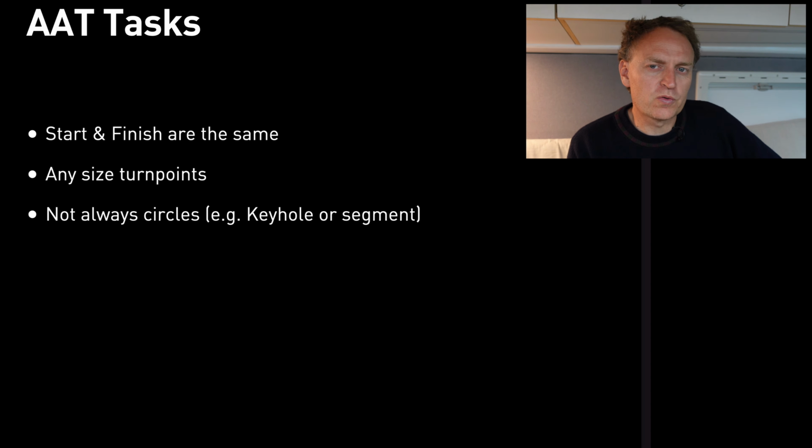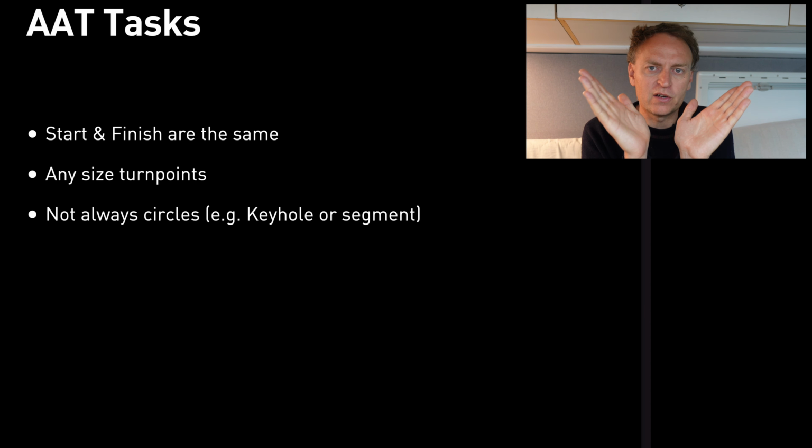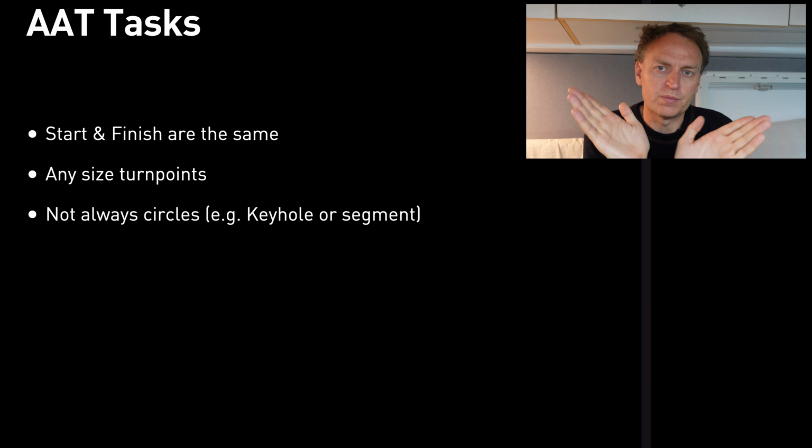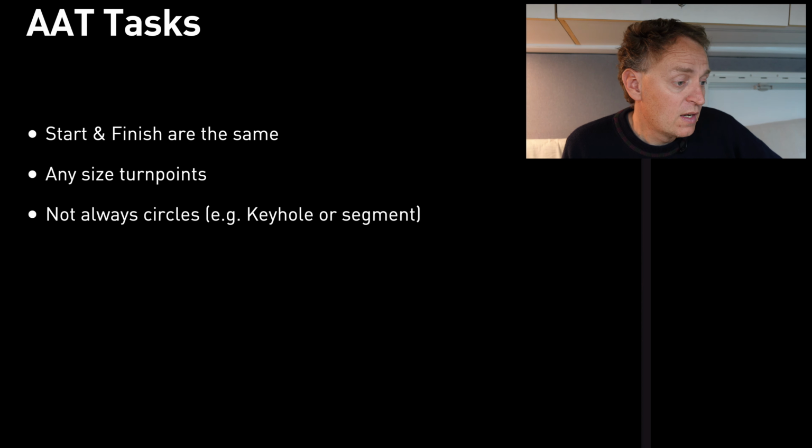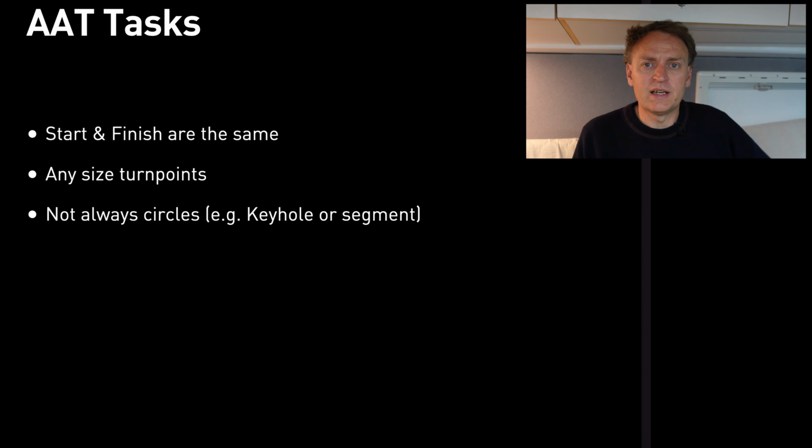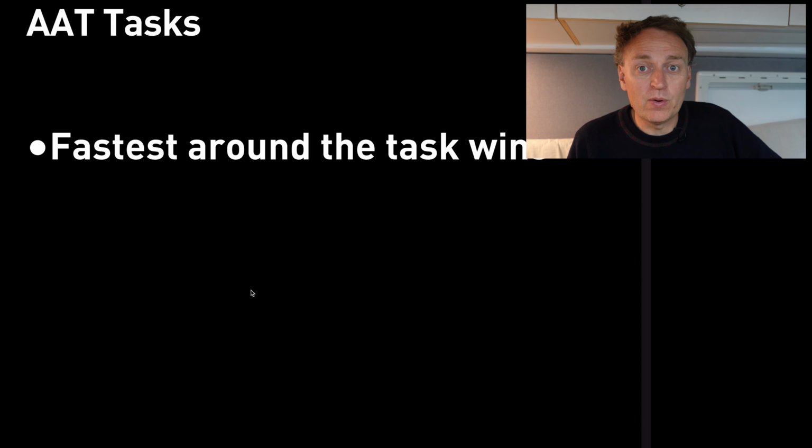And it's not always circles, you can also use segments of different angles, say 45 degrees or even semicircles. And you can even combine a segment with a circle to make a keyhole. The key point is whoever's fastest around the task wins. That is exactly the same as racing tasks.